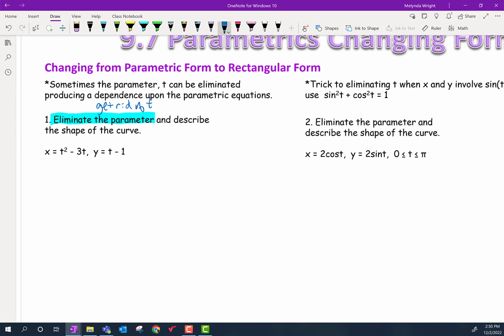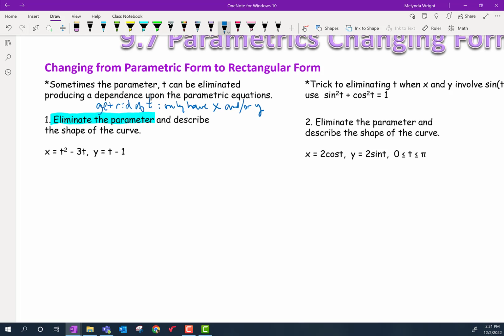T is our parameter. Time is our parameter. And they're asking us to get rid of time. In other words, they're asking us to turn it into a rectangular equation with just x's and y's. Get rid of t, only have x and or y. Okay, so that's this first kind.